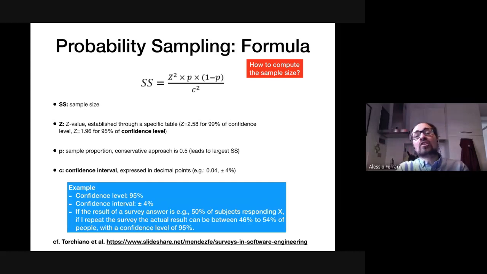And finally, the confidence interval. This is a concept that we didn't see, and is expressed in decimal points, so 0.04 or plus minus 4%.